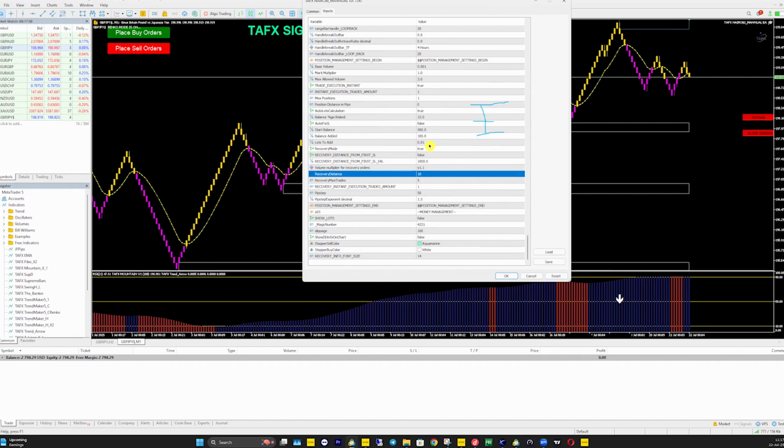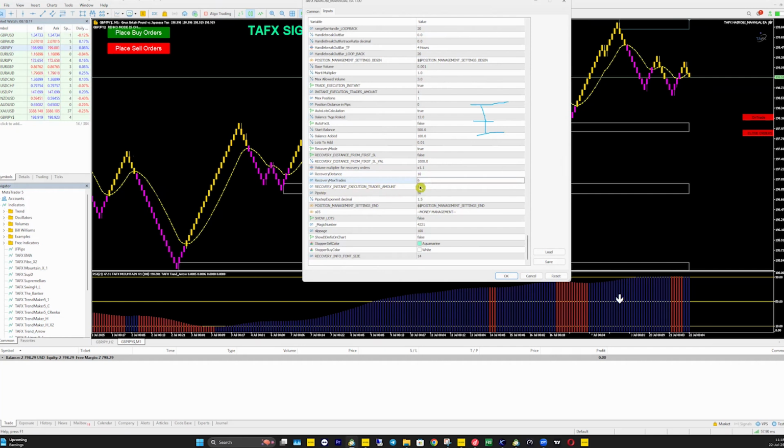So this means in every 10 points, it will add a position. How many positions do you want the system to add? You can set like 5 positions, let's say, or maybe because we are working with 2 signals, you can set 6, you can set 4, right? Now, from there, it will ask you here the recovery instant execution.